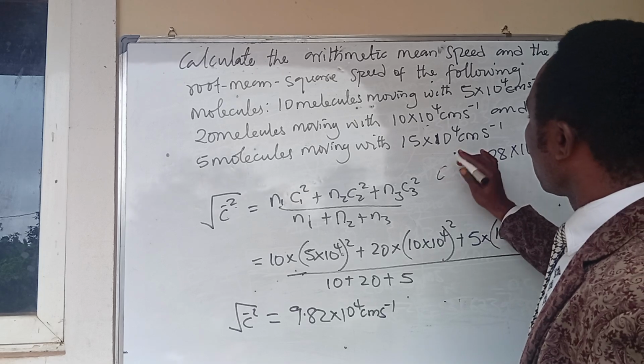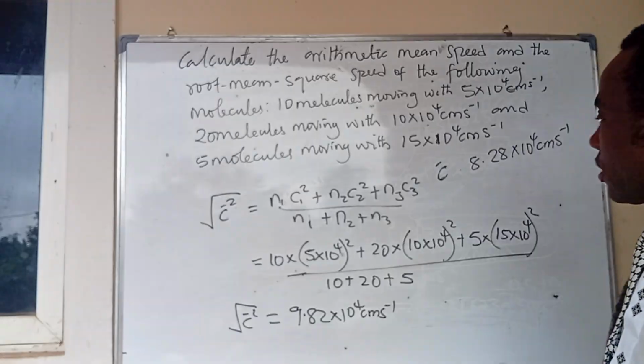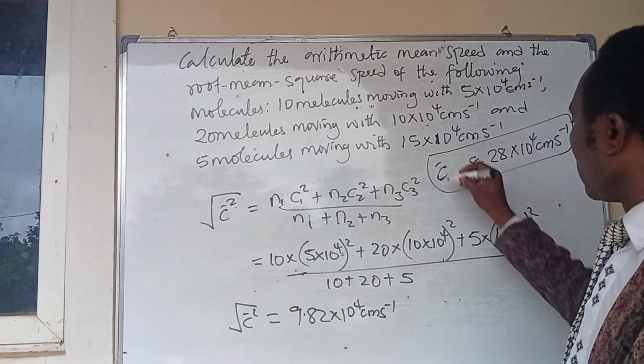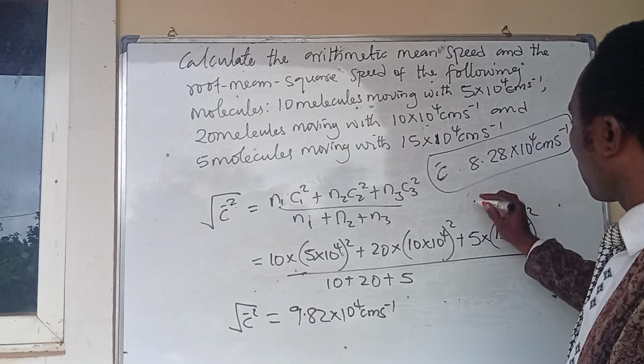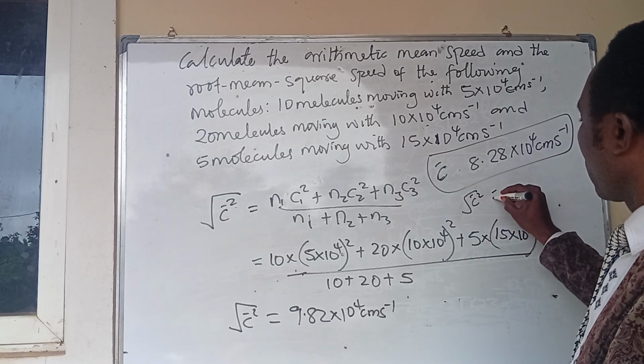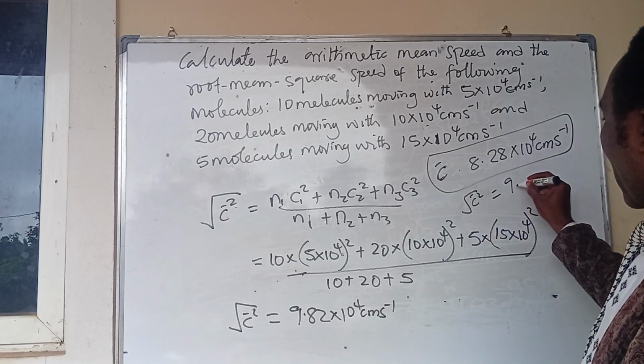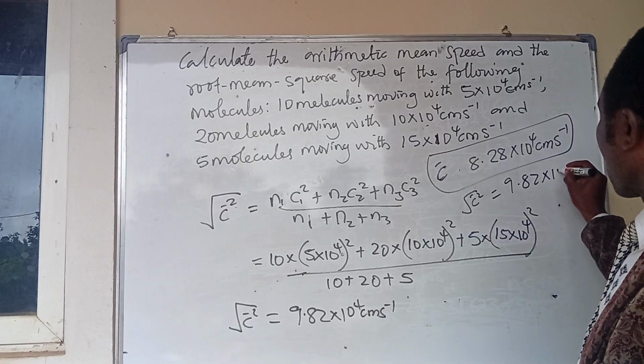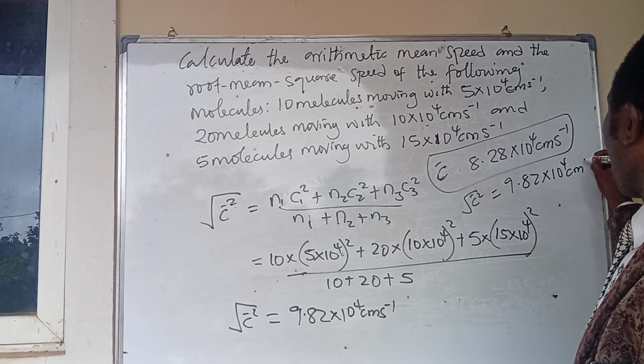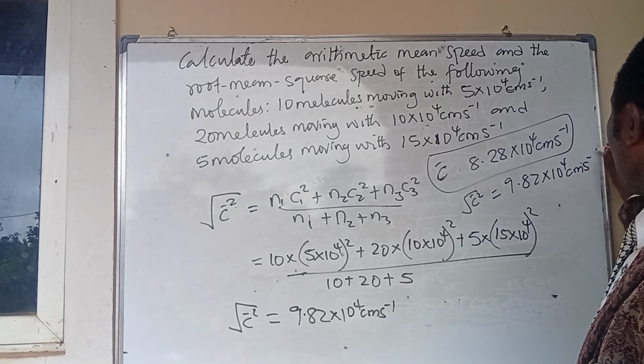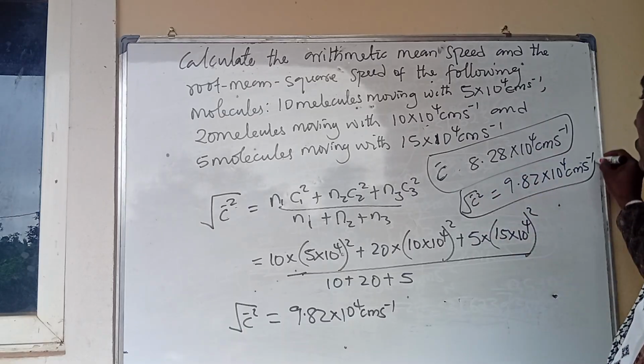That is C bar. That is the first one. Then our root of the C bar square gives us 9.82 times 10 raised to the power 4 centimeter per second. So these are the two answers.